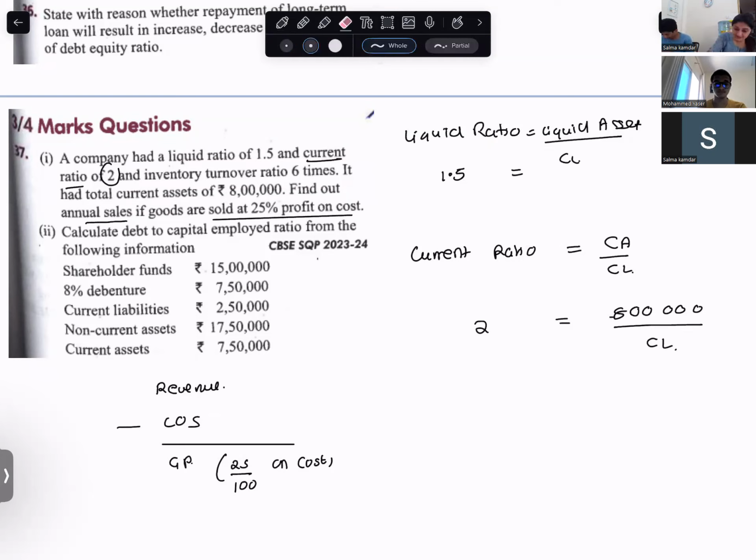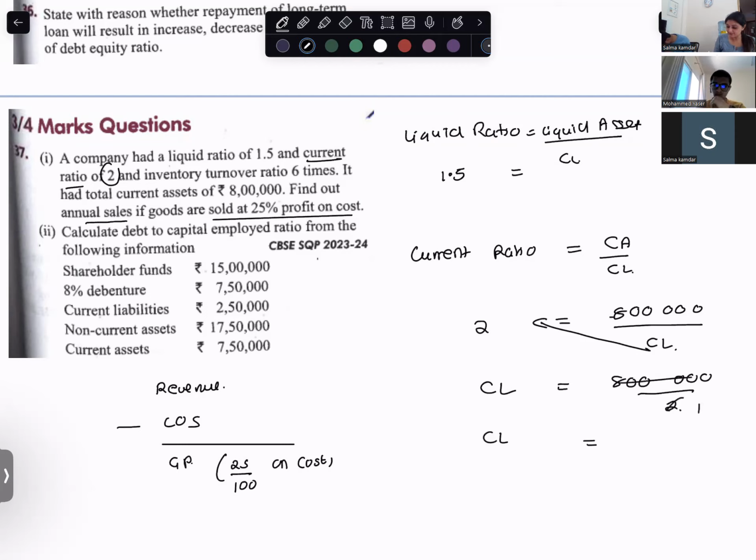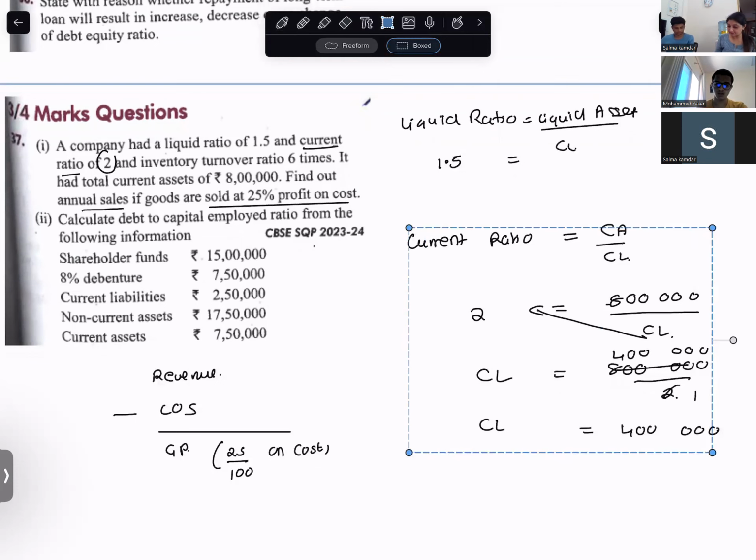Current liabilities is 800,000 divided by 2, so current liabilities will become 400,000.